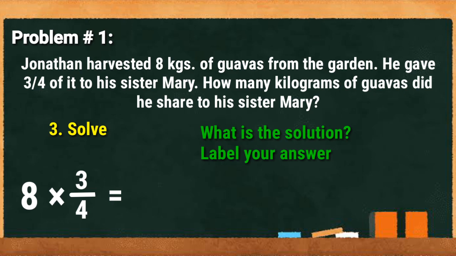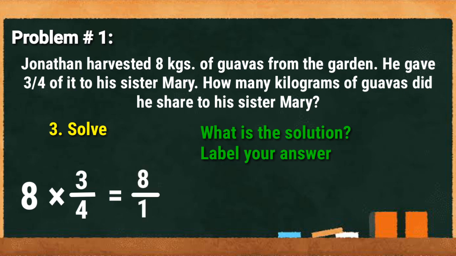As we have observed, there is a whole number and a fraction. In order to multiply the whole number and a fraction, make sure that your whole number is converted into a fraction. How will you convert your whole number into a fraction? You will simply put it over 1.